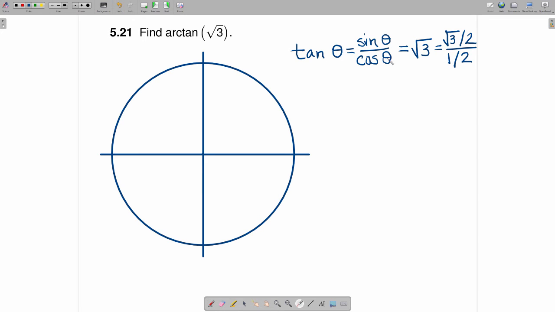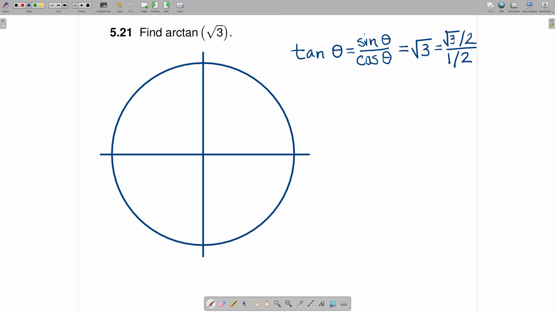That is to say, the cosine of theta is 1/2, and the sine of theta is the square root of 3 over 2. If the cosine of theta is 1/2, then we go across 1/2, that's the first component, and then the square root of 3 over 2 is the second component.